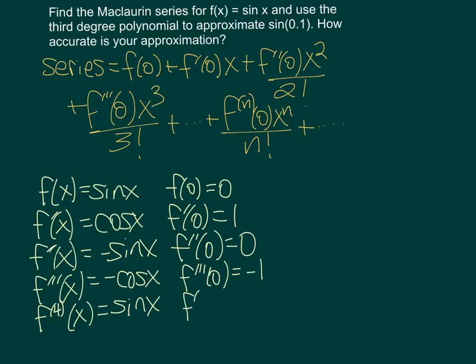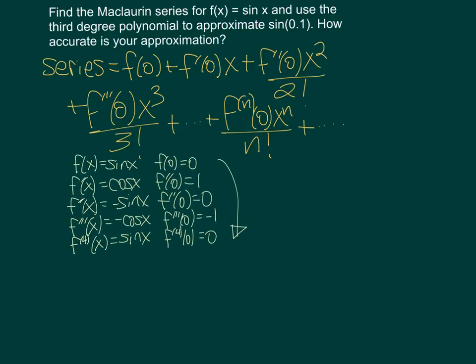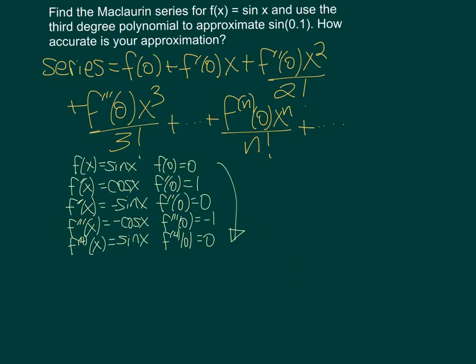And again, evaluating that at 0 is 0. And I think we can already see a pattern happening here. Every other derivative will be 0, and the non-zeros will alternate between 1 and negative 1, 1 and negative 1, 1 and negative 1.